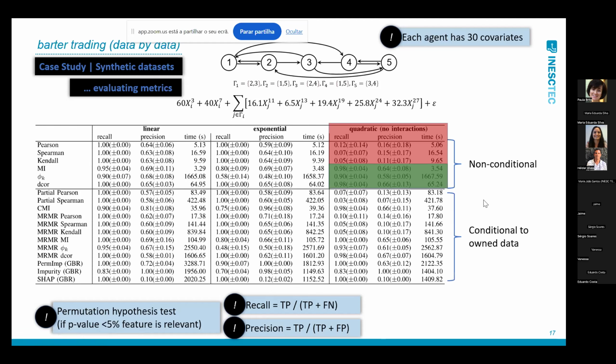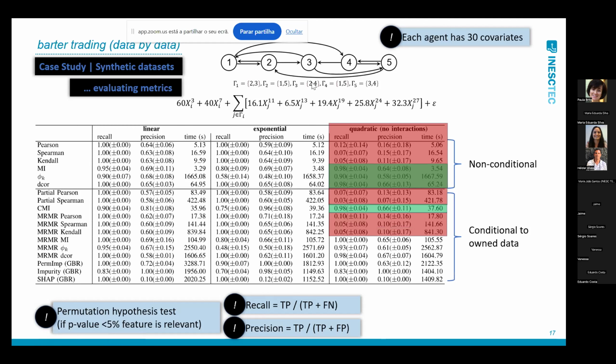Regarding the conditional metrics, and here conditional to data owned by the agent that is trading. If I am trading data, I want to acquire data that is correlated to my target, but it should be very different from the features that I already have to explain my target variable. Otherwise, I'm not getting a value addition.